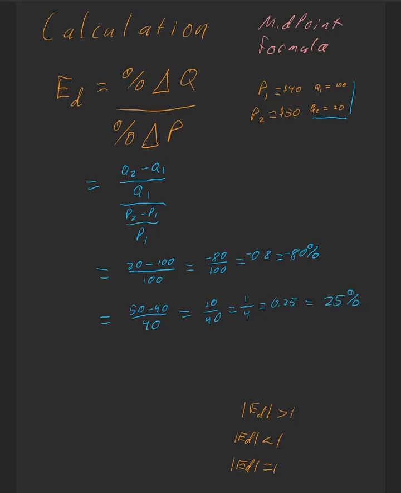Okay, so when we put it that way, we can see, fairly clearly in this case, that we have a situation where our percentage decrease in quantity is larger than our percentage change in price. So the reaction in quantity is larger than the change in price. So percentage change in quantity larger than the percentage change in price.